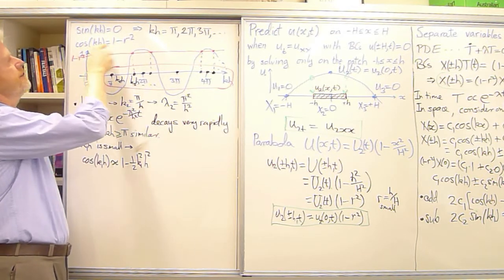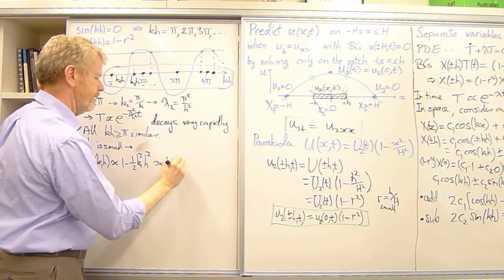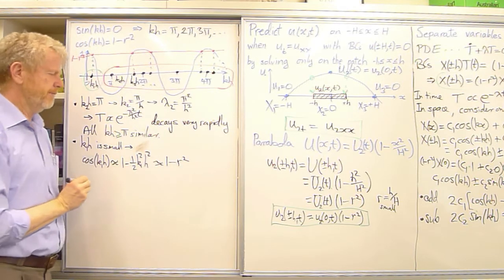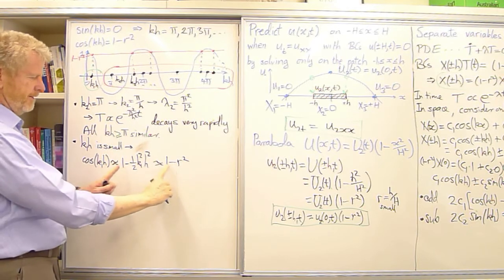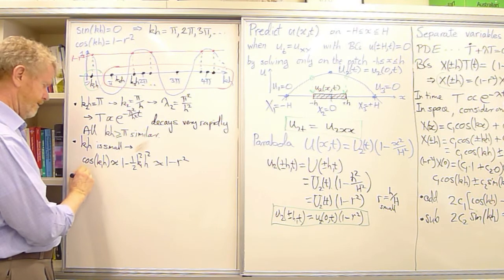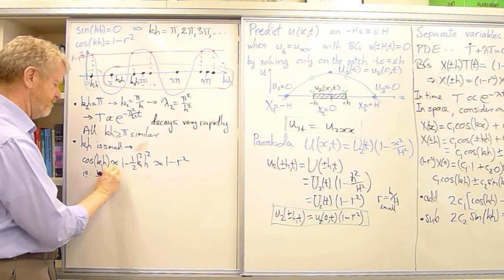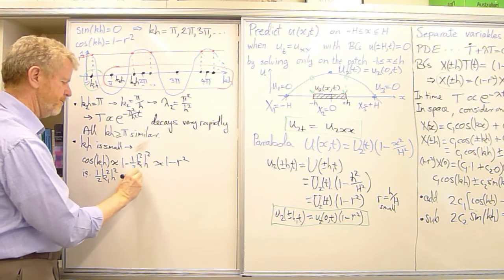And this condition says that that should be 1 minus r squared. Now if you look at that, the 1's cancel, the minuses cancel, and we're left with a half k1 squared h squared has to be approximately r squared.